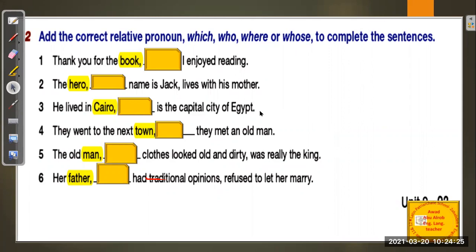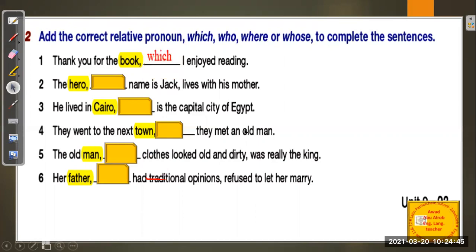To complete these sentences. Thank you for the book, which I enjoyed.